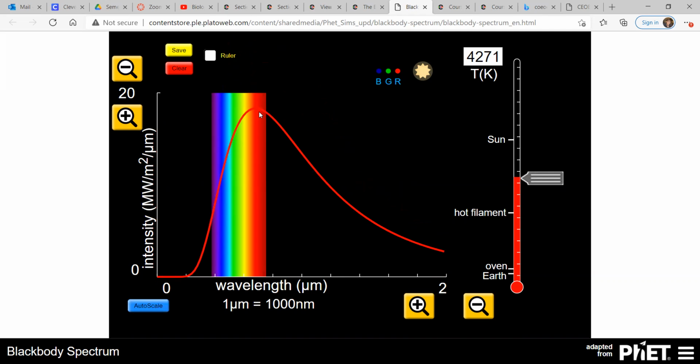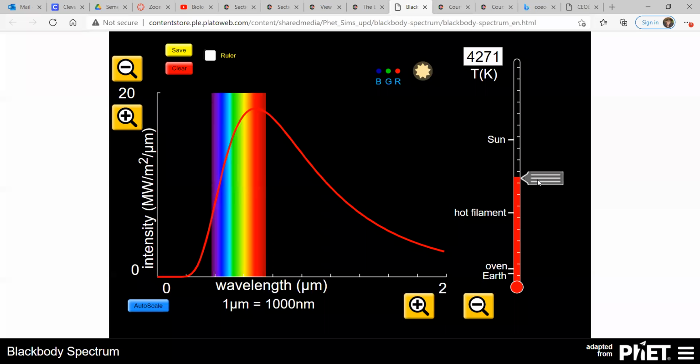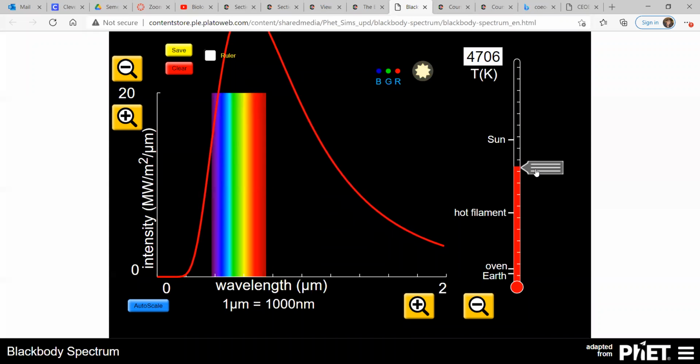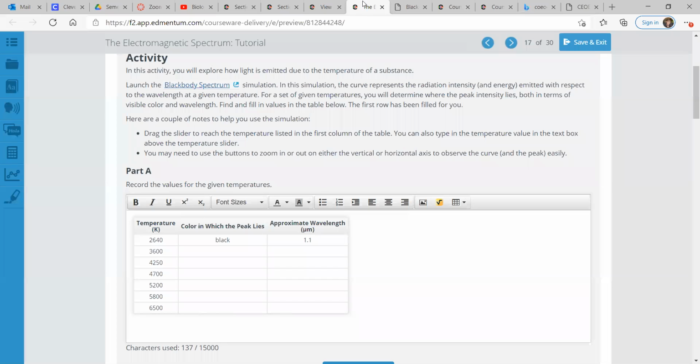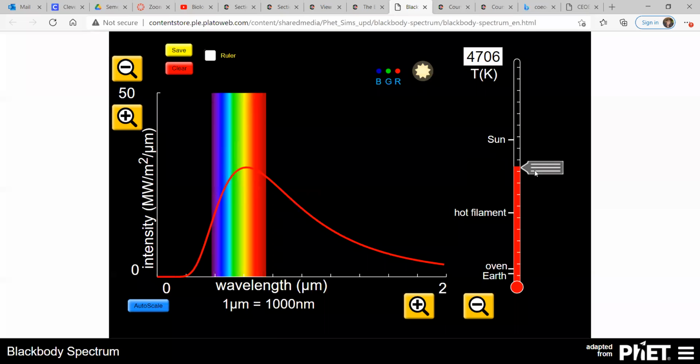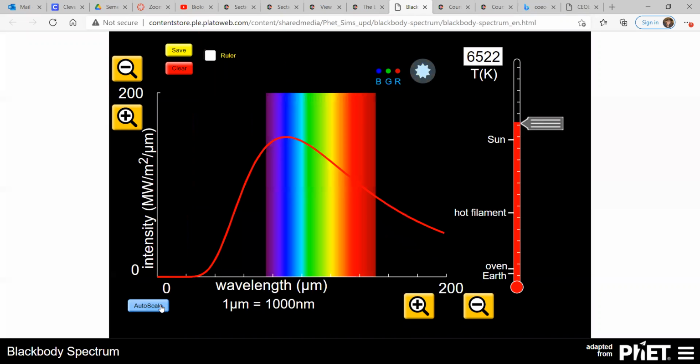Okay, and you see the peak is moving now. 4700. And it's moving further and further left. And then let's do 6500. Auto scale. So it's shifted now.